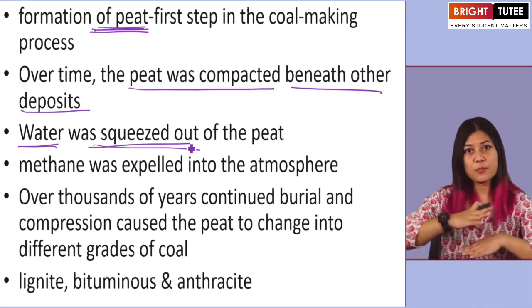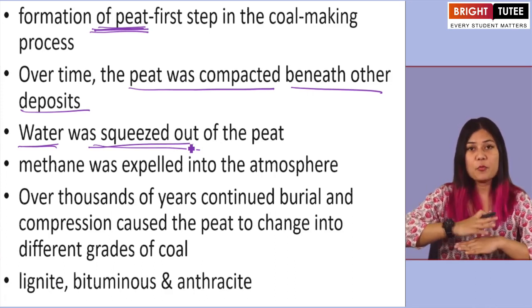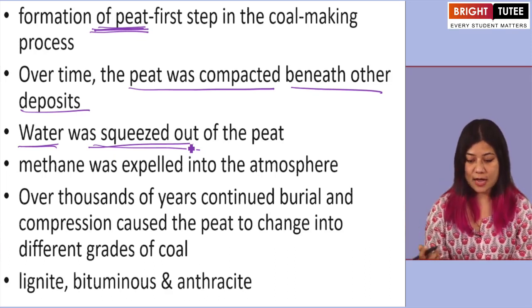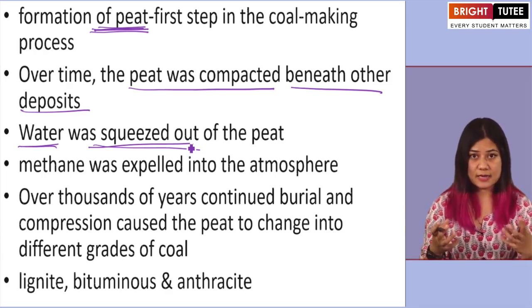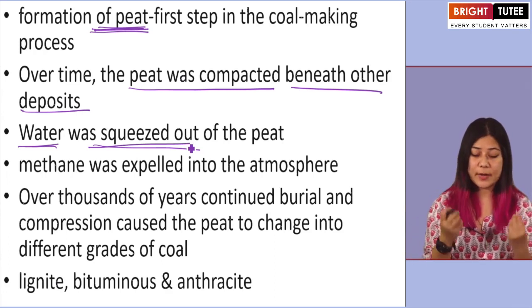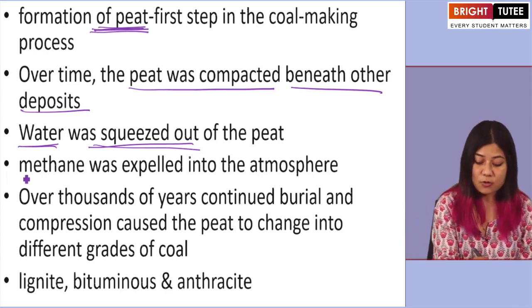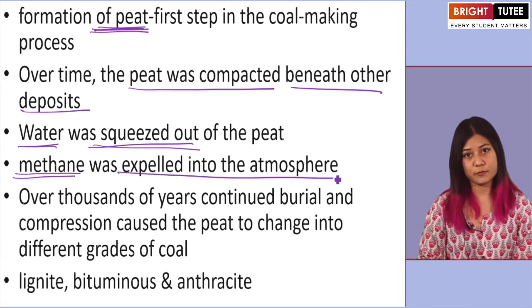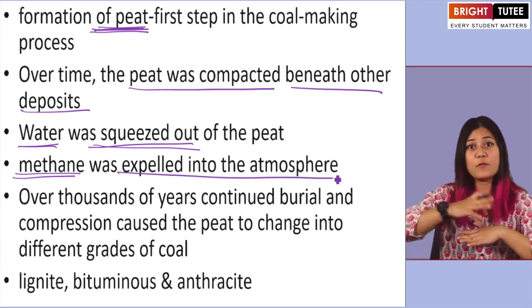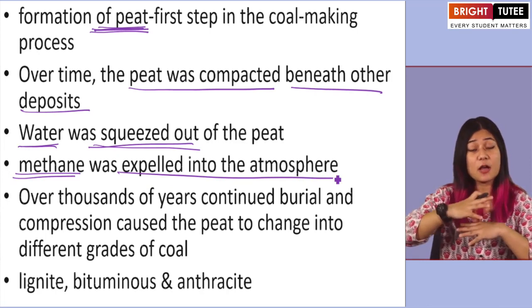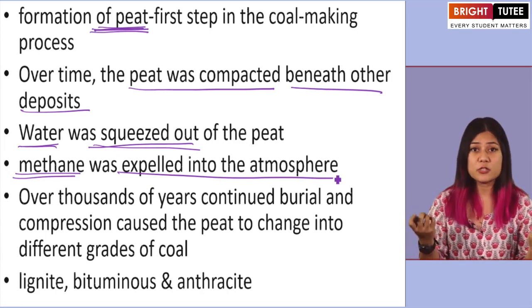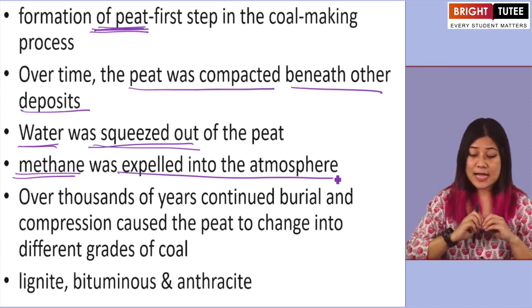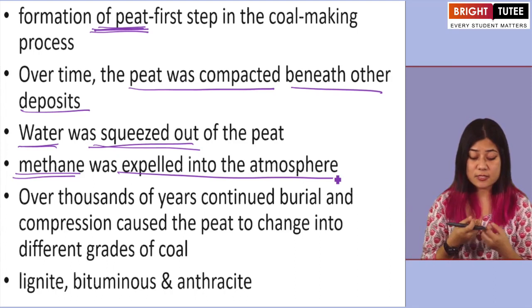And methane, the gas which is also present, is also expelled into the atmosphere. So the compression over time takes place in such a manner that any water or gas present in the peat gets expelled, gets removed.